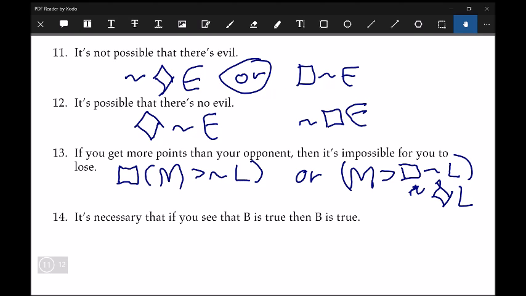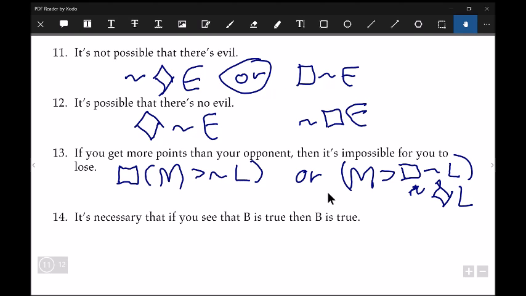Now, what's necessary is that if you get more points, then you don't lose. But that doesn't make your losing inherently necessary, because you might have failed to get more points. That's a little confusing, but hey, you've been confused before in class, and you've survived.